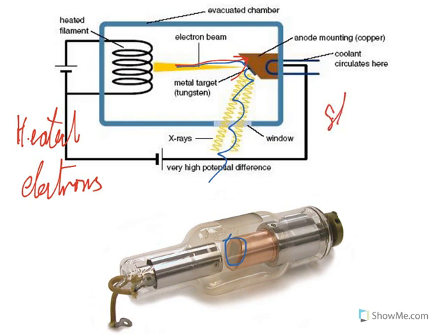The electrons strike the metal plate, and when they do, they lose that energy, and that energy, which is the other word that's missing, is given off as X-rays. So, energy of X-rays.